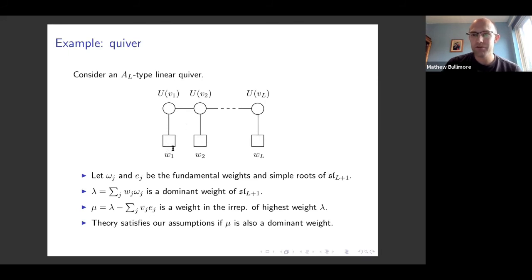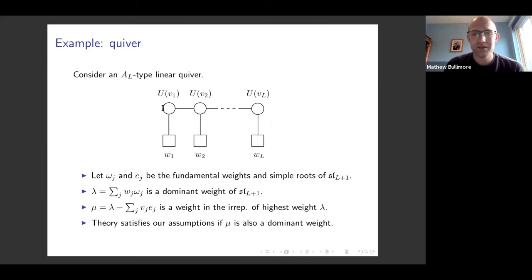And then there was some number of fundamental hypermultiplets, W1, W2, up to WL, attached to each of the nodes. And then there were bifundamental hypermultiplets between the gauge groups.